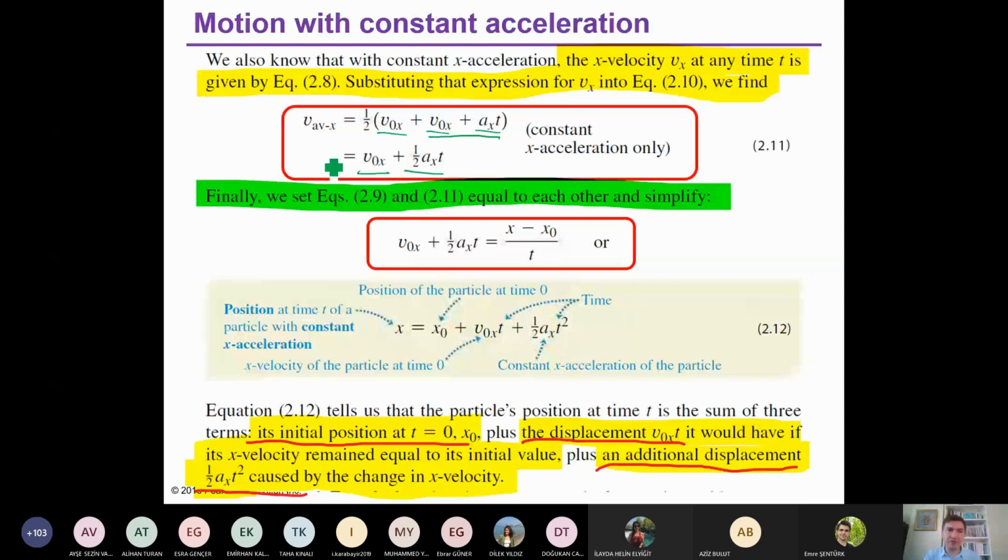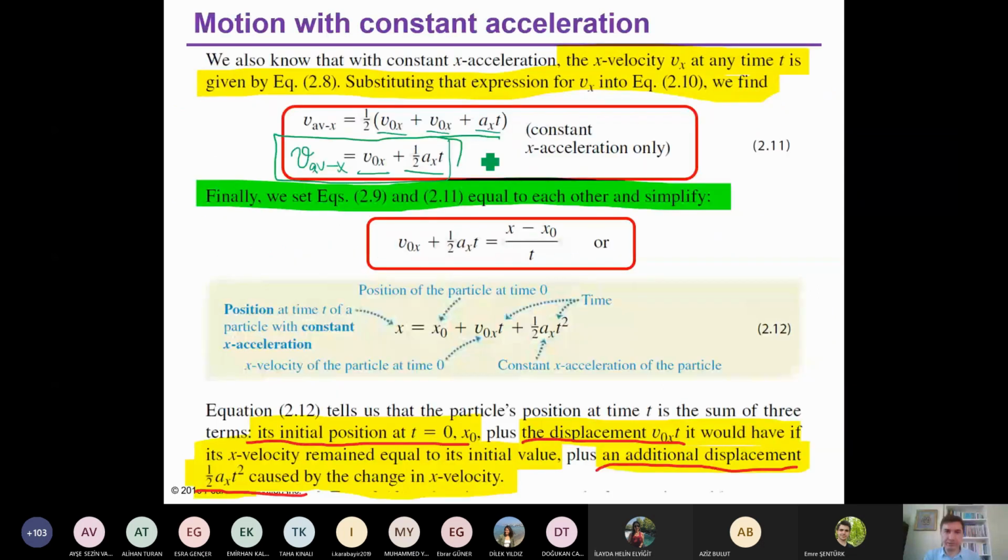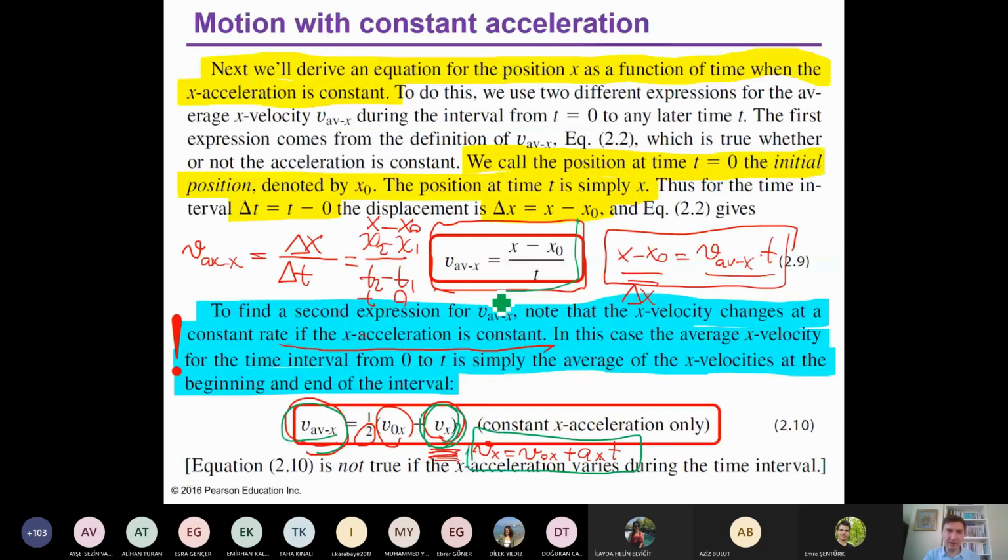Here we have another v average x, which is given by x minus x0 over t. I have just taken this one and put it there because both of them are equal to v average x.